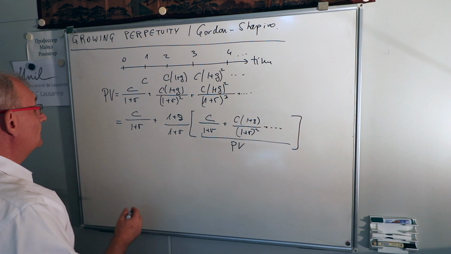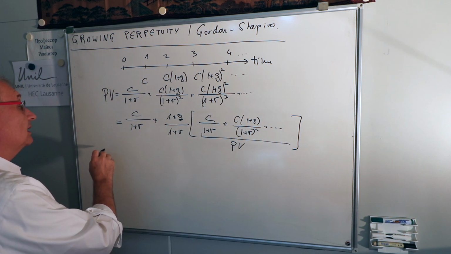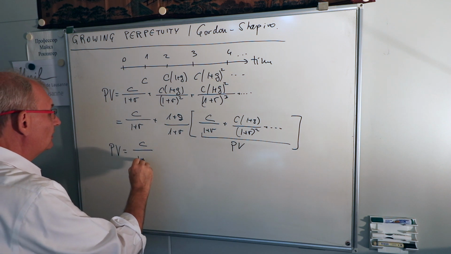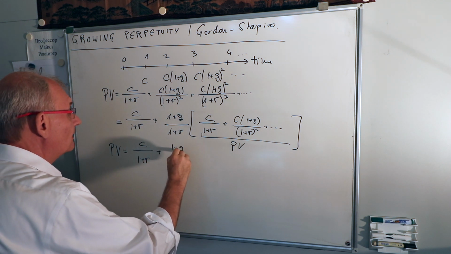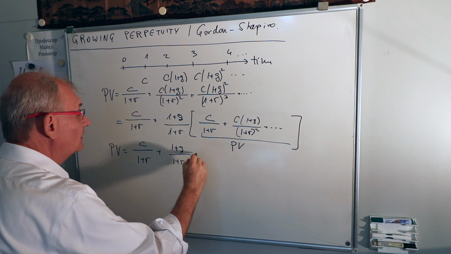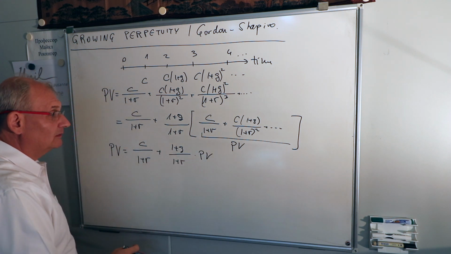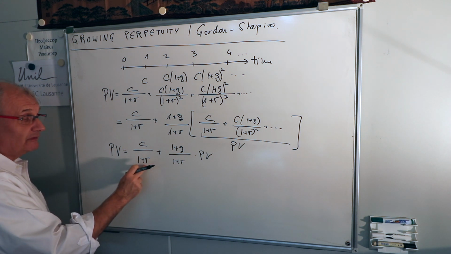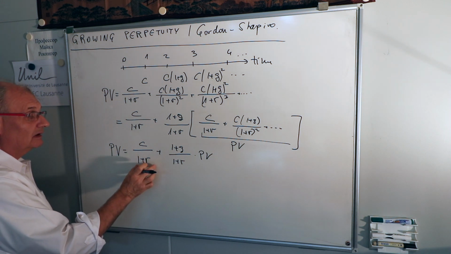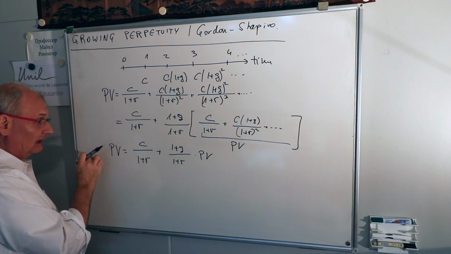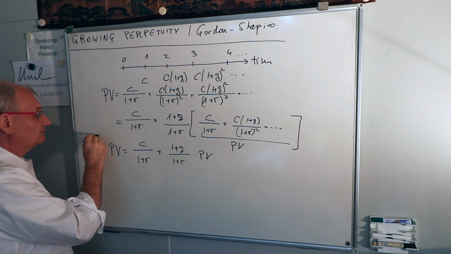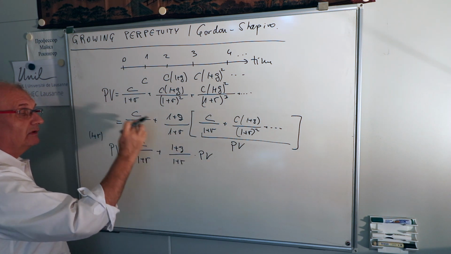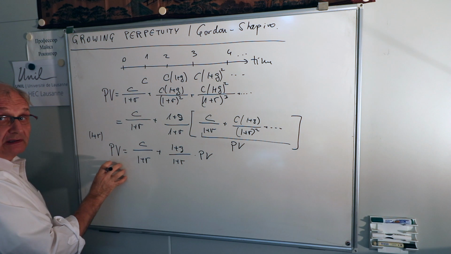So now it's algebra. Let me write it stepwise. PV is going to be c divided by 1 plus r plus 1 plus g divided by 1 plus r, which multiplies the present value. I'm going to multiply both sides by 1 plus r, which is going to get rid of the denominator here. So on the left hand side I'm going to have 1 plus r times PV, and I'm going to have 1 plus g times PV, so I'm going to take this term and regroup it on the left hand side.